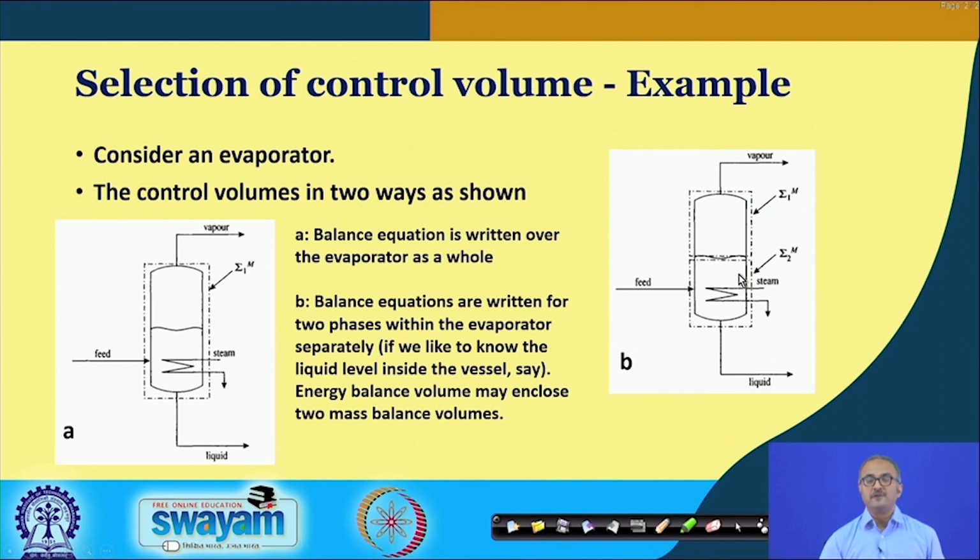But at the same time, if we still want to know the energy in the system, how much energy is accumulated, then we need not choose these two volumes separately, because the total energy is the summation of the energies of the two phases. So, for the energy balance, we can still go with the previous control volume, that is the total evaporator. So, you can see that in this case, the energy balance control volume has the two mass volumes within it. So, in that way we conclude that it is not necessary that the number of control volumes for the mass and the energy must be the same.